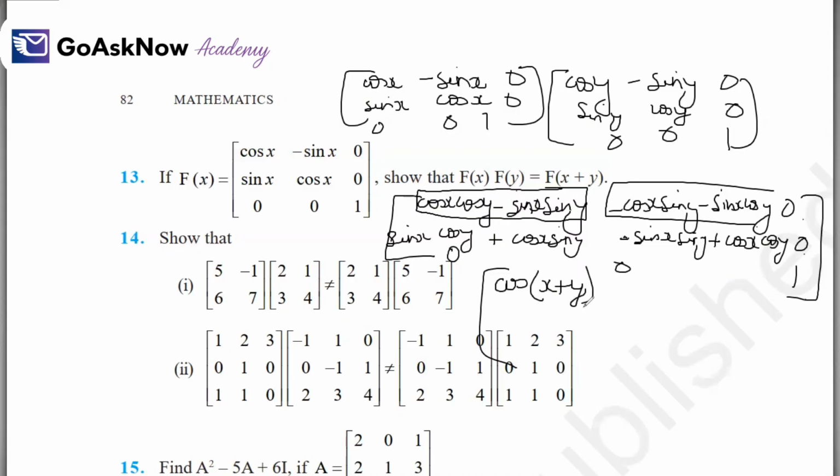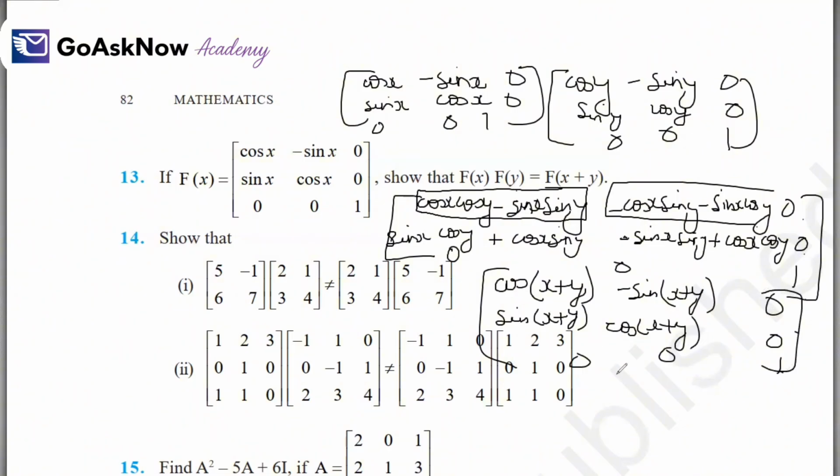And for minus cos x sin y minus sin x cos y, you will get minus sin of x plus y, and it is 0. Here you will get sine of x plus y, from the compound angle formula. Here also you will get cos of x plus y, and here you will get 0. Then here 1, 0, 0.